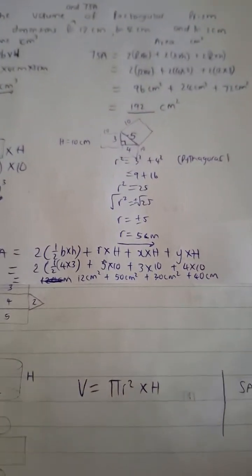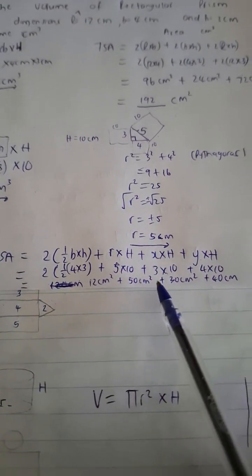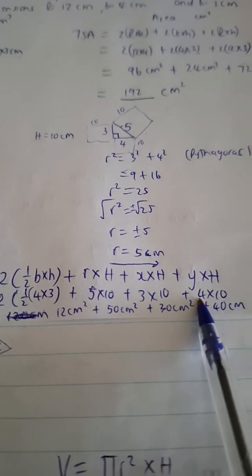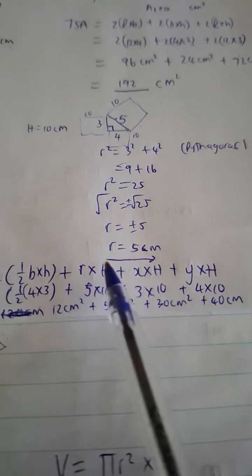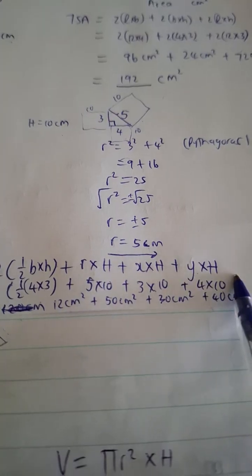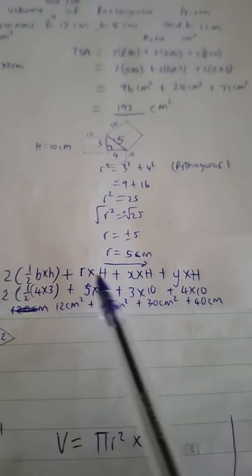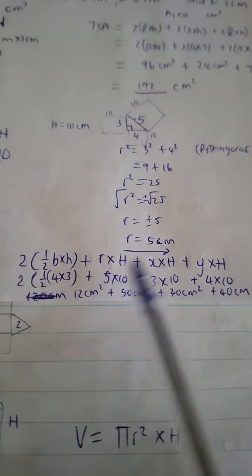I don't know if there's any questions. Please do ask, guys. Please understand I was random in this r times h, x times h, and y times h. I just went with the concept that these were 3 different sides of the triangle which were not the same.